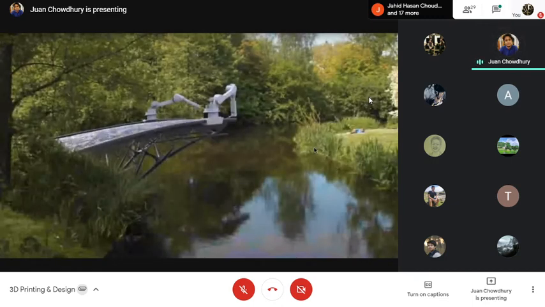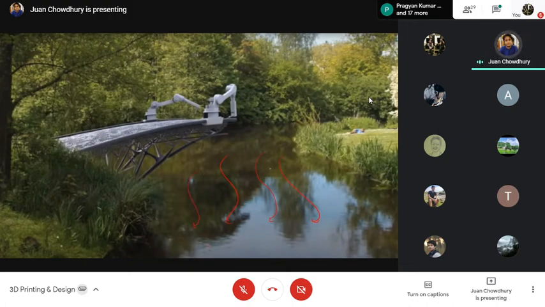Okay, so in the figure, as you can see, there's a canal over here. All right, and these two land parts are to be connected with this bridge. Can you see the bridge now?